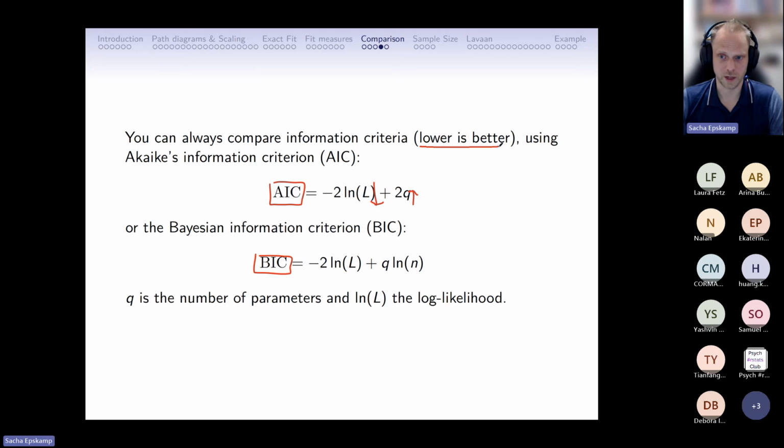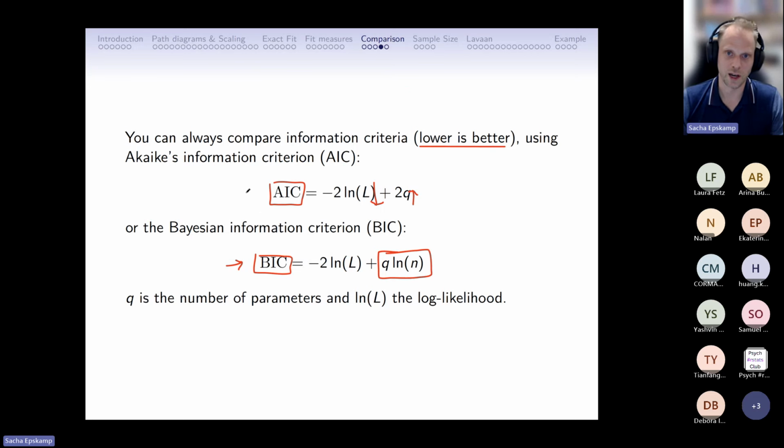Usually lower is better. So if we compare two models, we can look at which one has the lower AIC or BIC. The BIC tends to be a bit more conservative. It has a stronger penalty on the parameters. Q is here the number of parameters, which means that it will tend to prefer more parsimonious models than the AIC.